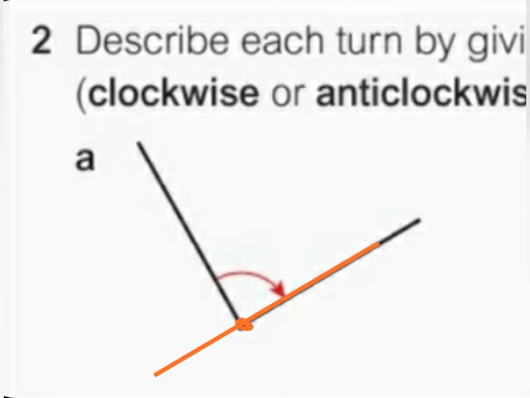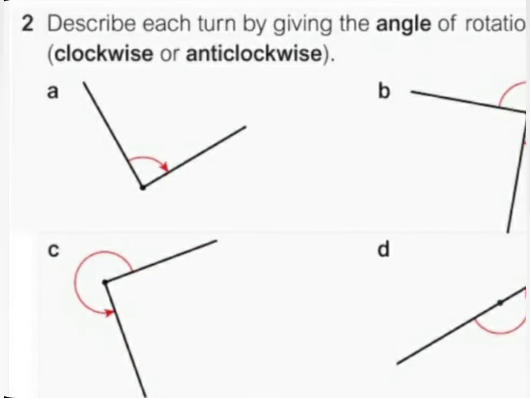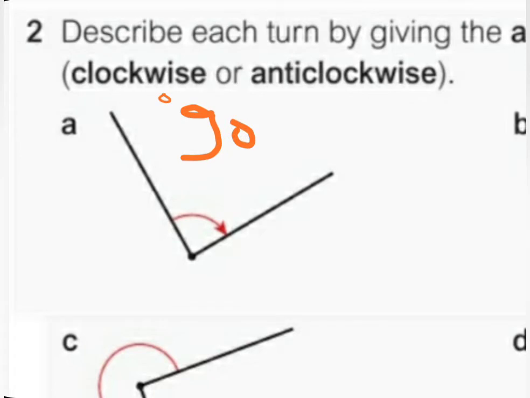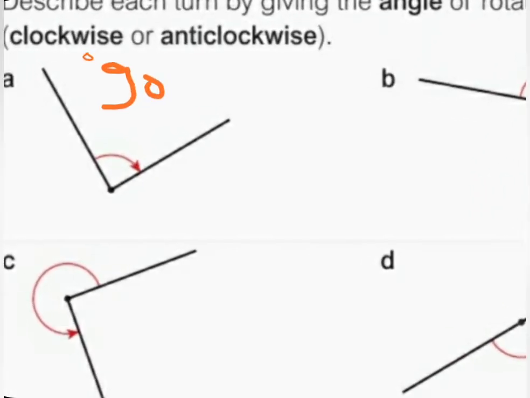Now, after measuring the angle, you write the angle of rotation, 90 degrees, like this. And then you have to say the direction of rotation. Now, the direction of rotation here, how do we know it? By using a clock. When we draw a clock like this, let's put it in the middle so we can know.